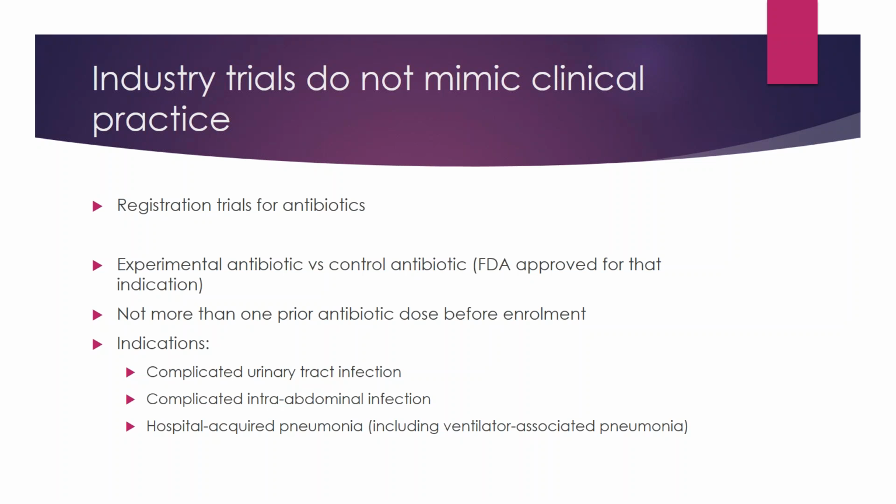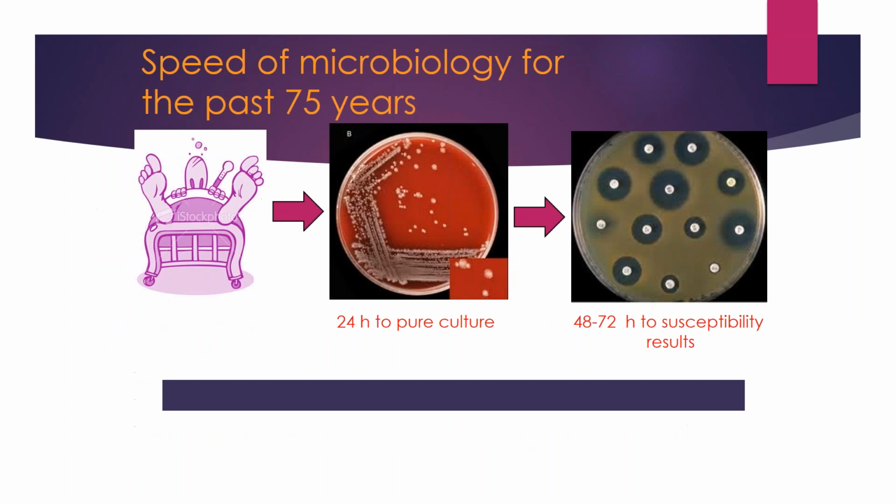The control arm, up to 40% of patients may have organisms that are resistant to the control antibiotic. And so it's not really a very fair or adequate comparison. So that's the sort of status quo.